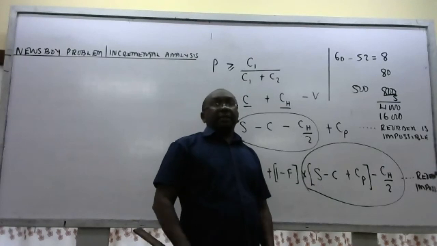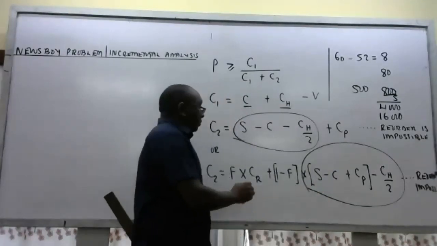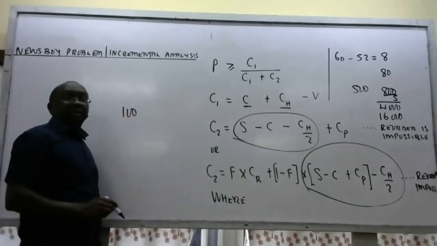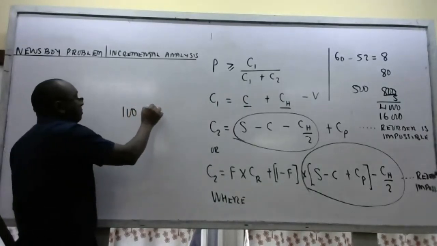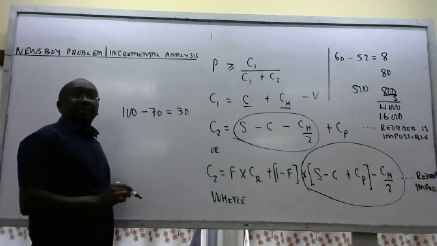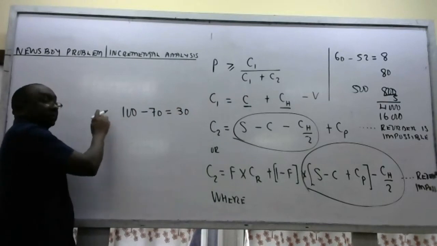The selling price. Look at it this way. If you have a product you sell for 100 shillings, and you normally buy it at 70, you make a profit of what? 30. This is the normal price.